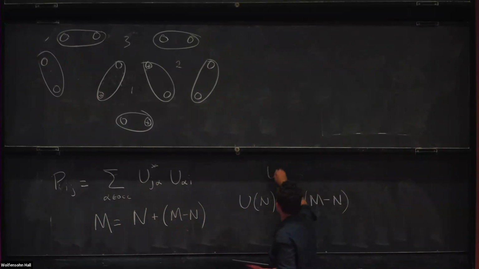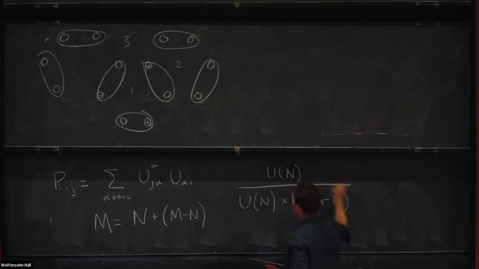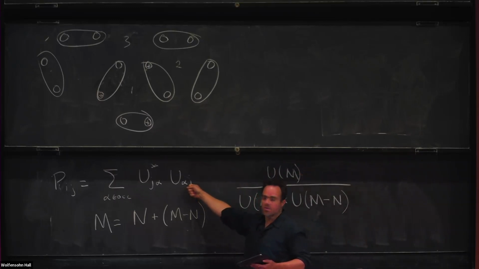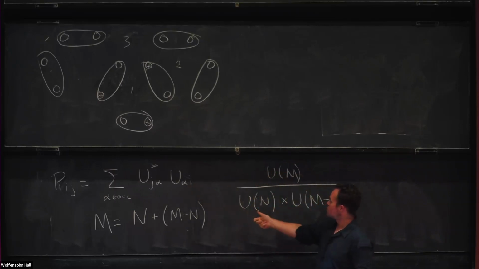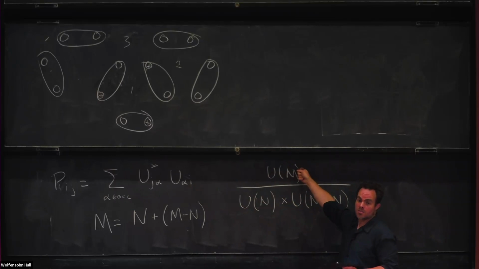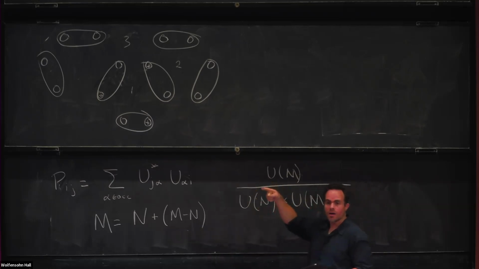So it means that the actual variational manifold you can think of as U(m) divided by this. Okay, so what I mean by that is that the unitary is m by m, but the projector is redundant under any unitary which acts within the occupied or unoccupied spaces. Therefore, the actual variational space you can think of as this manifold modulo this one. And this is called the Grassmannian. So you can think of Hartree-Fock as then an optimization over this particular Grassmannian space.